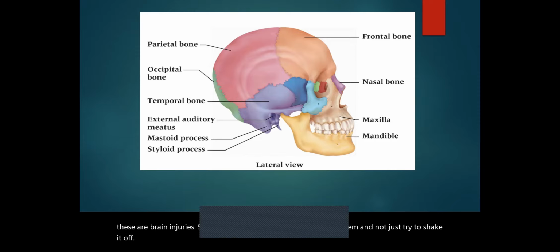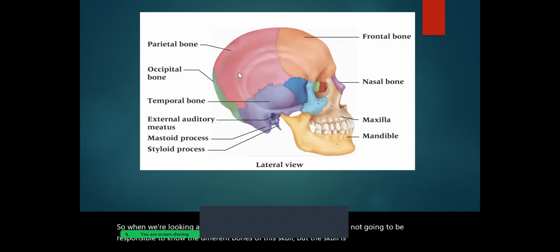So when we're looking at some of the structural components, you're not going to be responsible to know the different bones of the skull, but the skull is made of several different bones here. And instead of calling these joints where those bones come together, they're called sutures. So as an infant, whenever you're born, these sutures or these joints of the skull won't be completely formed yet.